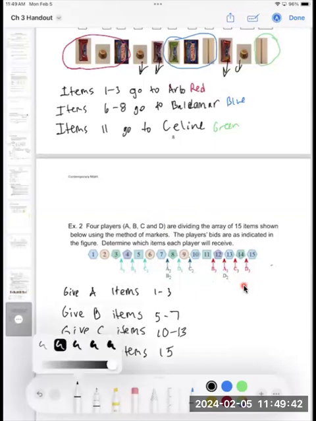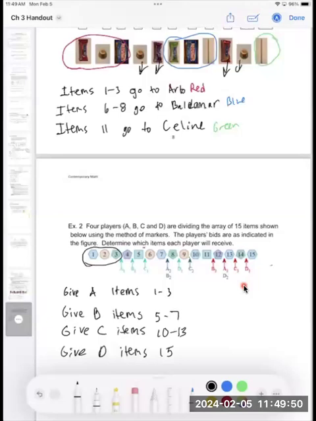So we handed out 1 through 3. That went to person A, and then 5 through 7. That went to person B, 10 through 13, and then item 15.